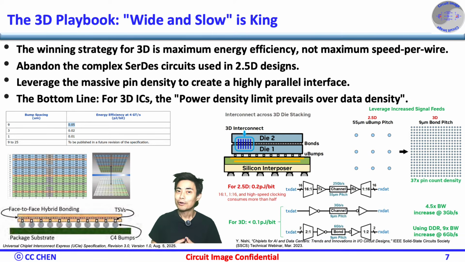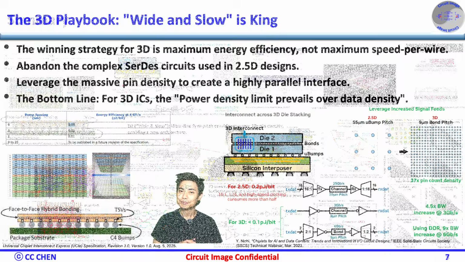So total bandwidth only rises by 1.5x while staying under the power density limits. The bottom line is that power density prevents over data density. So 3D multiplies connections, but never overturns physics.